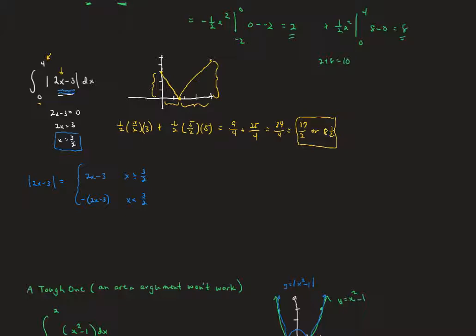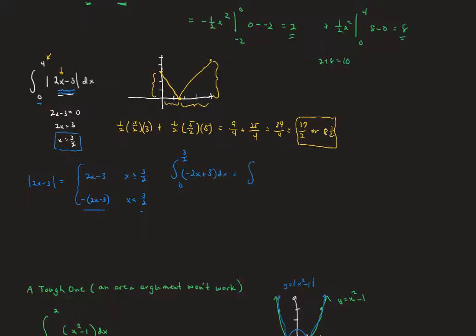So now our integral is going to be divided into two pieces. So we're going to go from 0 to 3/2. That's the part where our function, our absolute value, is negative. And I'm going to just go ahead and distribute that and call it -2x plus 3 dx.